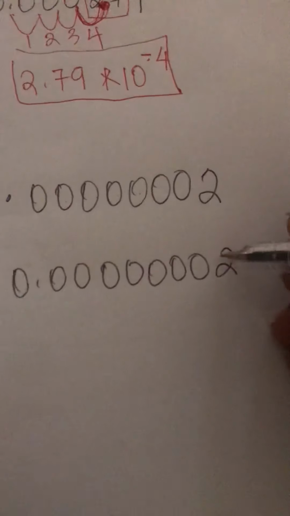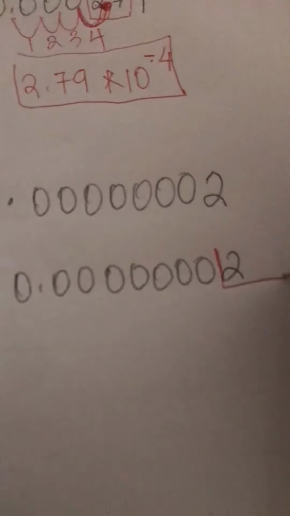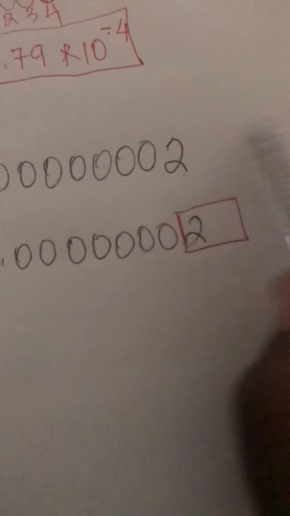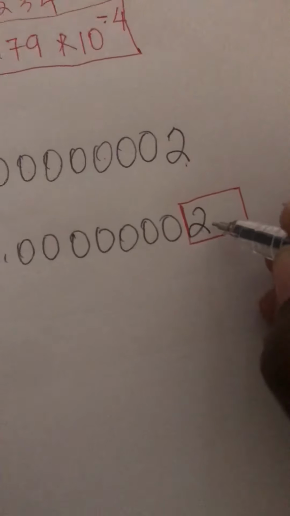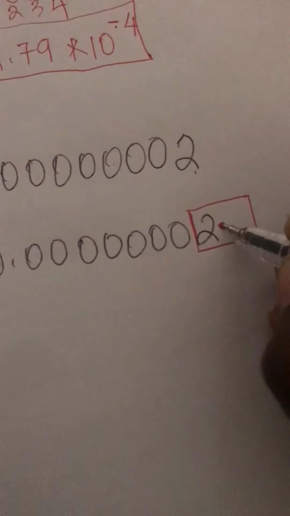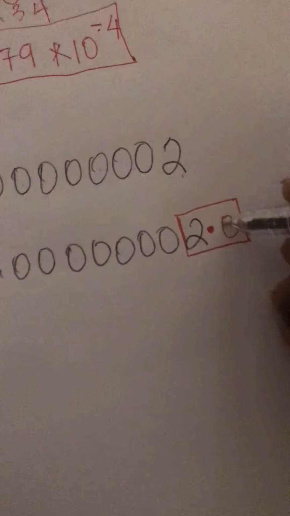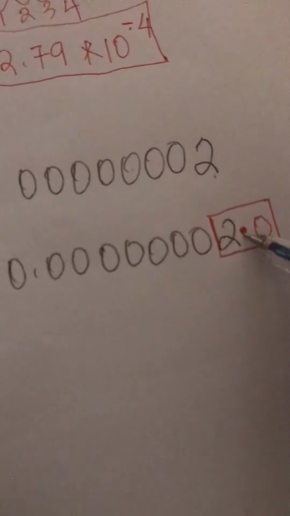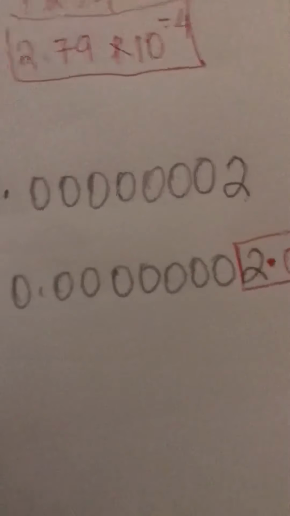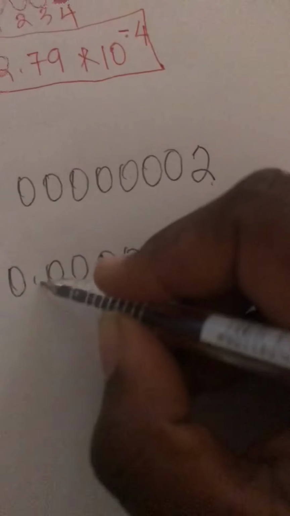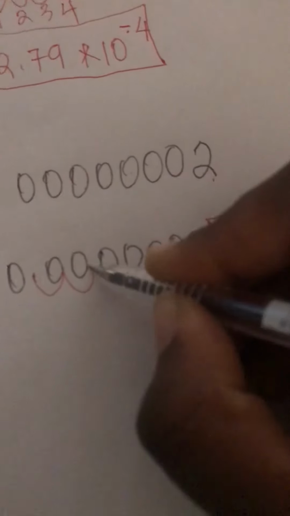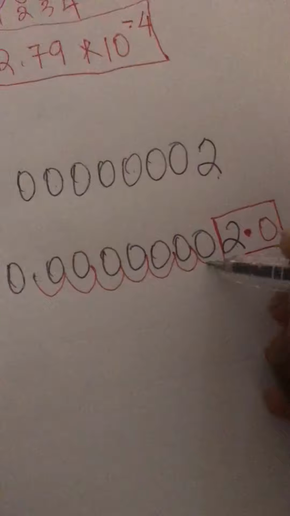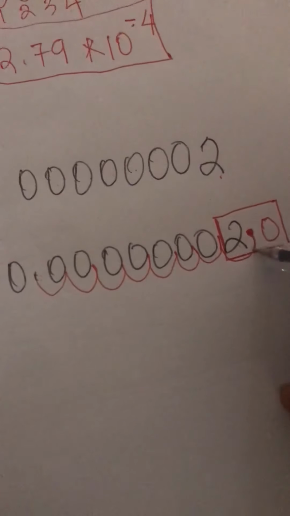So my first digit is here, and you see it is by itself because there's nothing over here after 2. So what will I do? I will put the decimal and I will put 0. So I want to count from this decimal to this decimal. How many times did I go? Okay. So I count 1, 2, 3, 4, 5, 6, 7, 8.